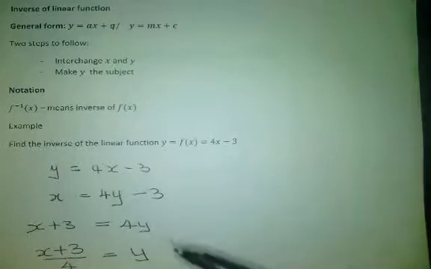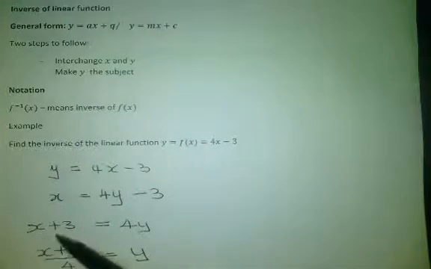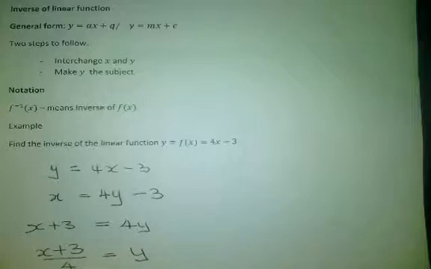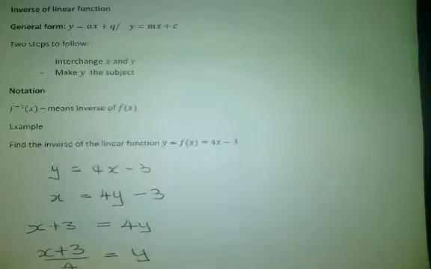So it means we have to add 3 to both sides. So we have x plus 3 is equal to 4y. Then we divide by 4 both sides so that we remain with y. So our y will be equal to x plus 3 all over 4, which means that the inverse of f of x will be x plus 3 over 4.